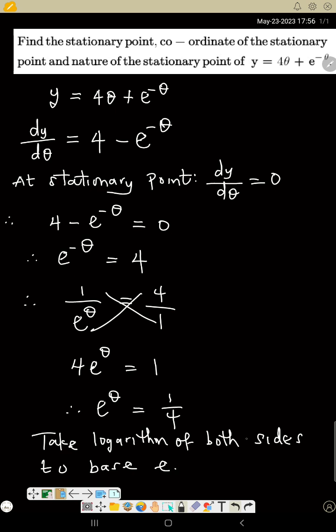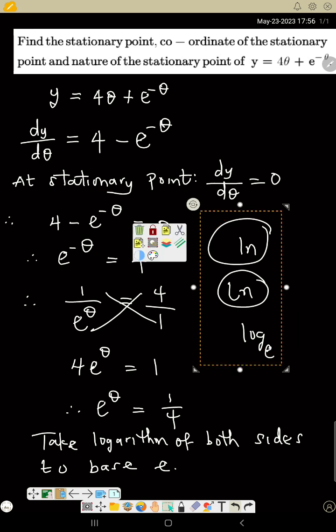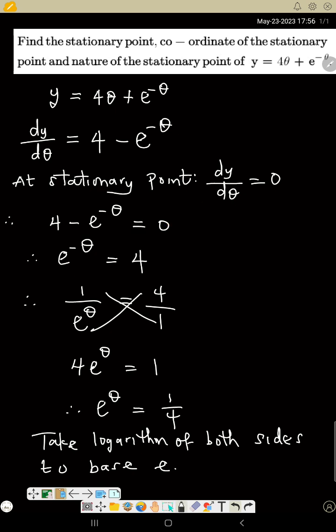Meaning, taking the logarithm of both sides to base e is the same thing as saying take the ln of both sides. Anytime you see ln, it always means log to base e. So I'm taking the ln of both sides.